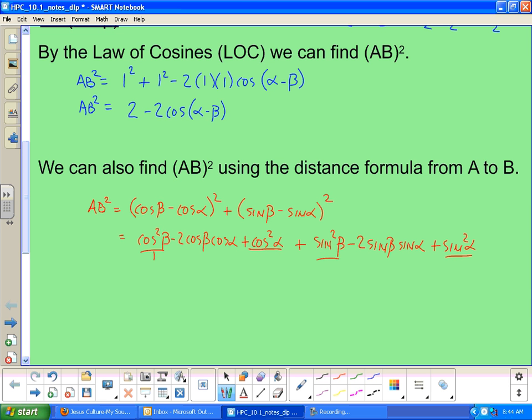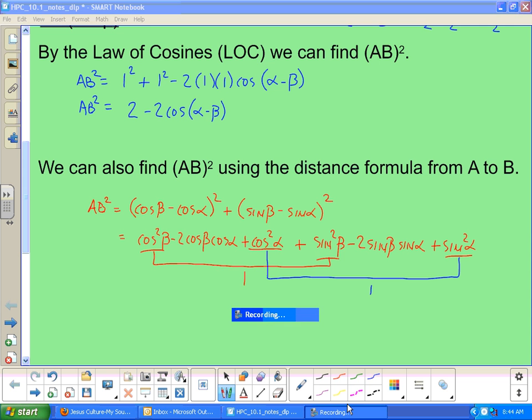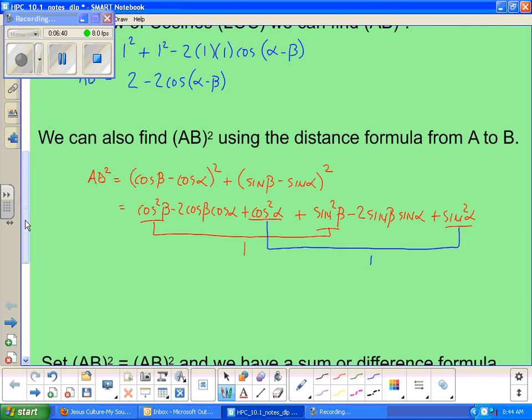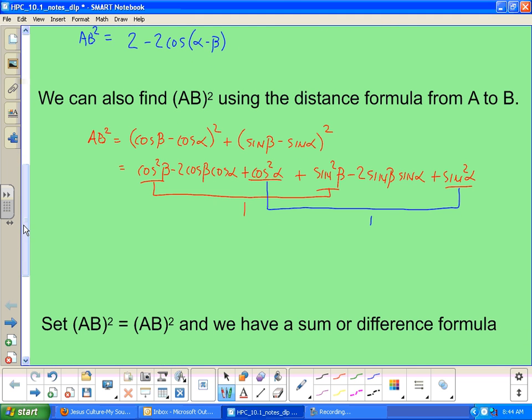So the cosine squared beta and the sine squared beta make 1. And then we also have the cosine squared alpha and the sine squared alpha making 1. So we simplify this, and we end up with 1 plus another 1 minus 2 cosine beta cosine alpha minus 2 sine beta sine alpha.